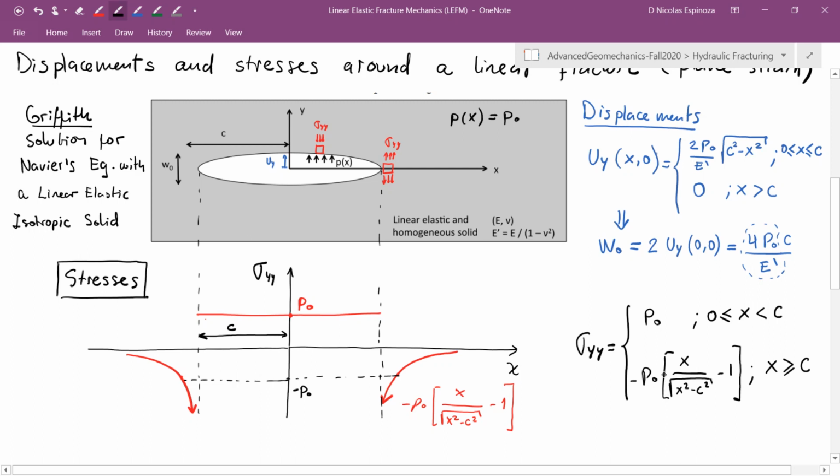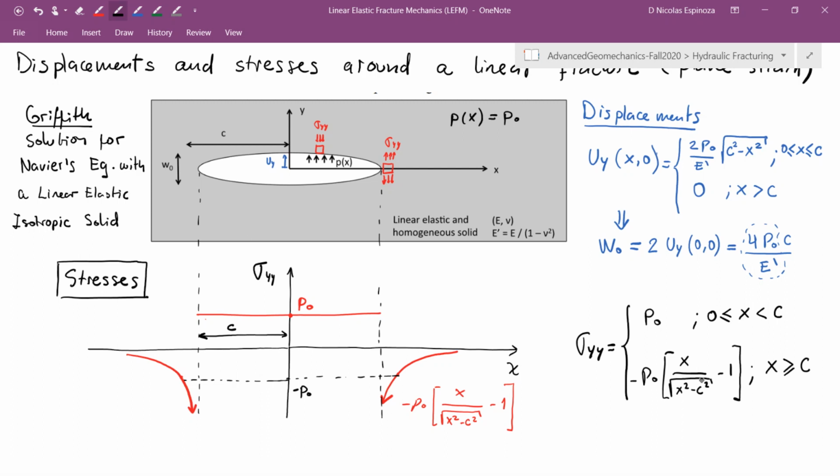And infinity is always going to be higher than any number of tensile strength. So this is why I cannot use the tensile strength criterion. This is not a finite number, and I cannot compare it to tensile strength. So we're going to have to use another solution for this, but don't worry, we have that solution.